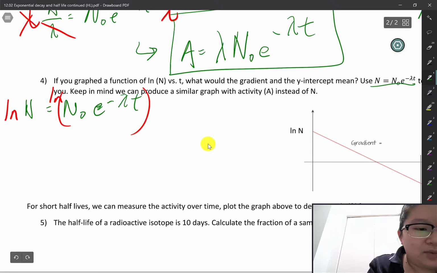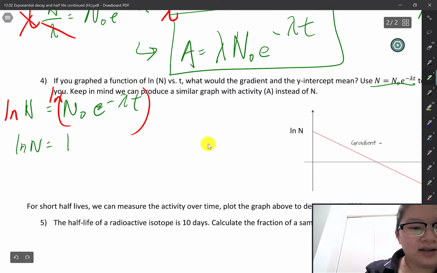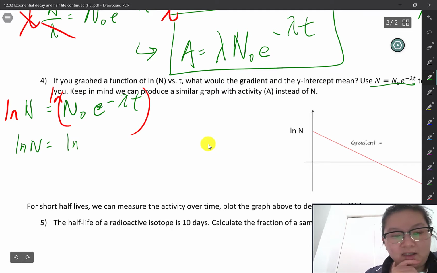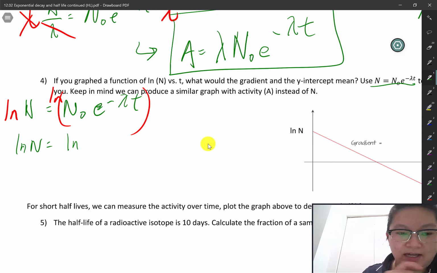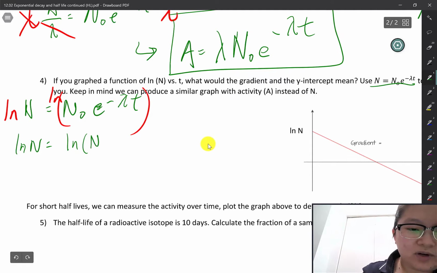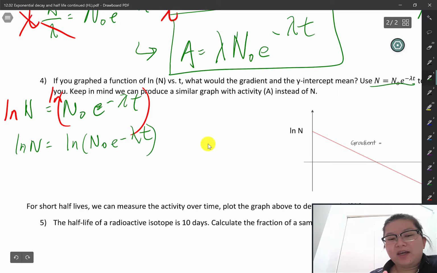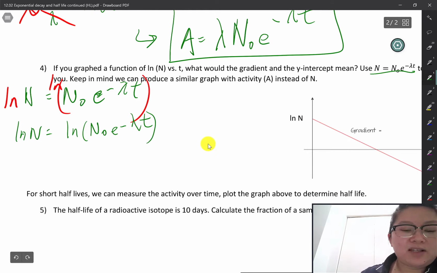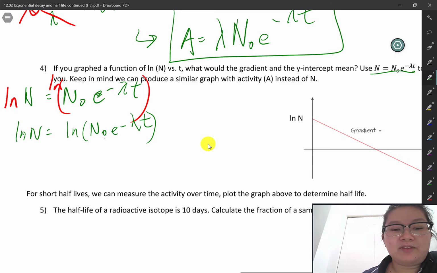After we do that, we're going to have ln of N is equal to ln of N naught e to the power of negative lambda t. Let me do one step at a time. Keep in mind we can't drop the exponent yet, because technically this is N naught times e to the power of negative lambda t.